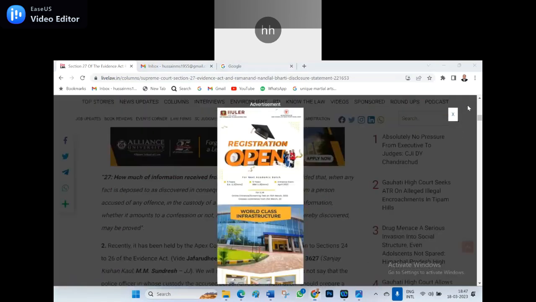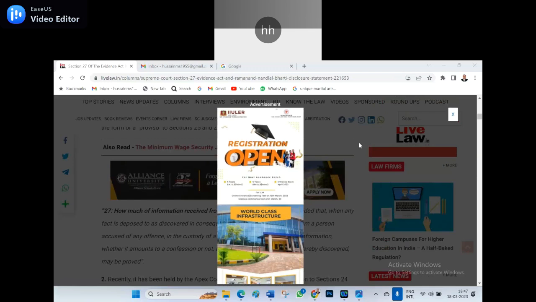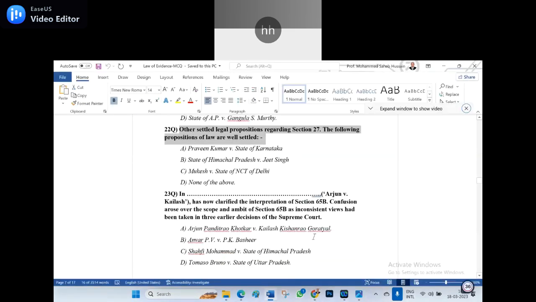Is it the Jafaruddin case law? You see, many things are appearing here. Let us check whether Jafaruddin is there. No. Okay, let me clear it later. Which one is the correct answer regarding this case law?